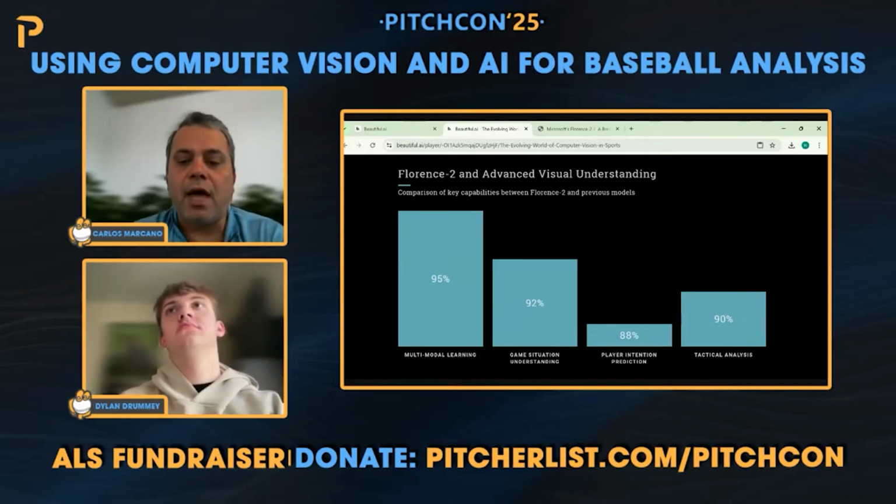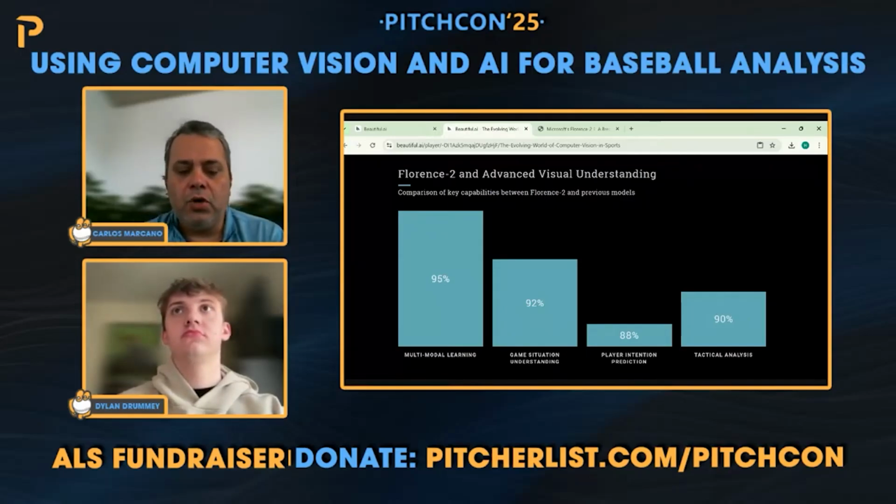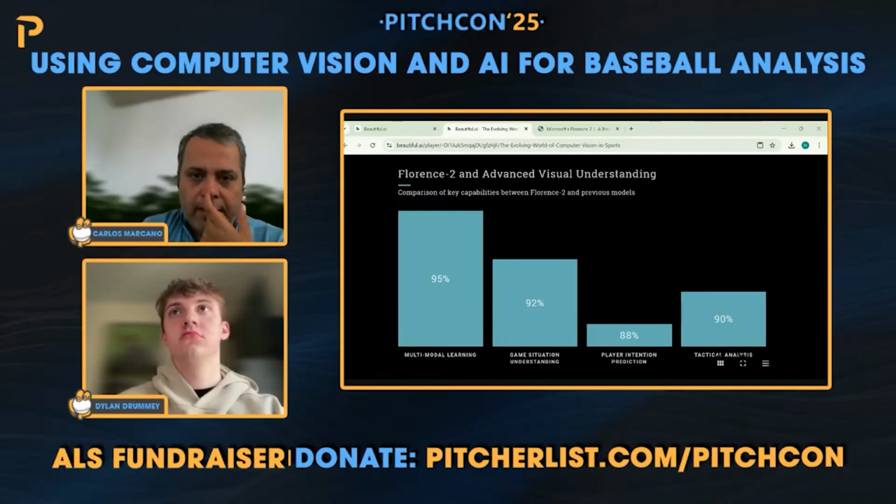This is something developed by Microsoft. It's a multimodal model in that you can work with text, video, images, and you can do context recognition with them. It's very powerful, but it has some other complications.